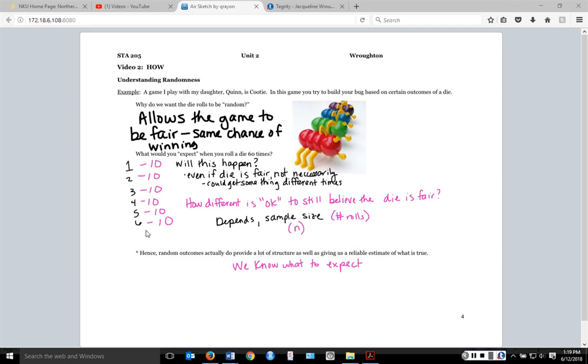Then I actually can roll my die, see what I get, see how different that is. So then I can compare my data, or my sample, to this expectation to make some type of decision.